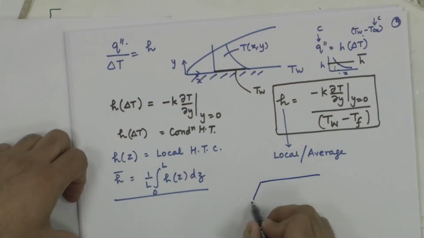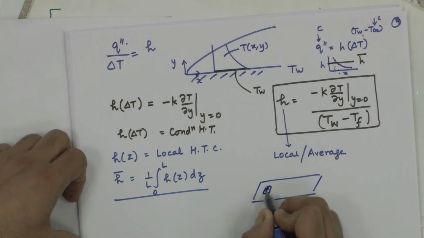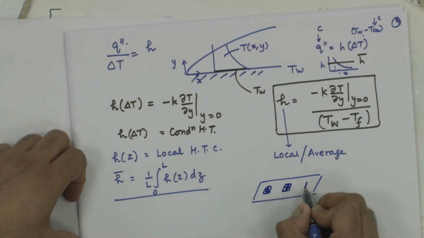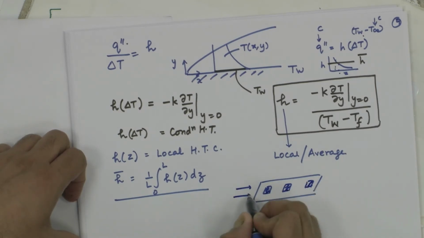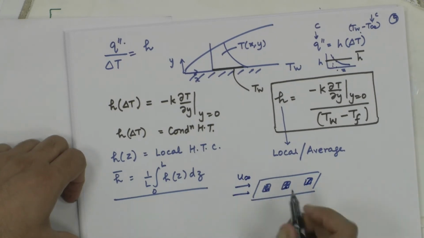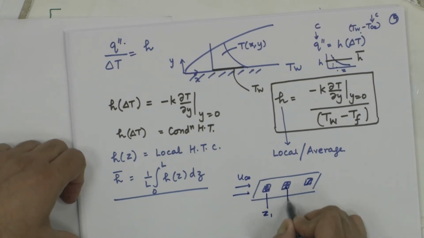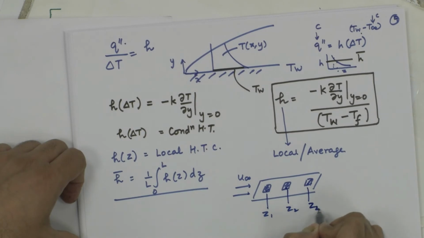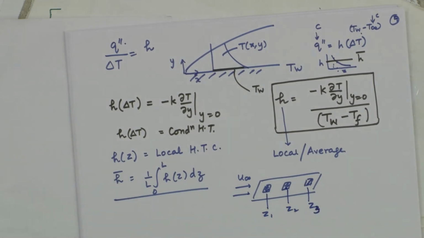We have multiple chips on a surface. What is the cooling of this chip versus this chip when you have some velocity going like this? Here I would talk about a local heat transfer coefficient. When I want it over the entire surface, I would talk about the average heat transfer coefficient.